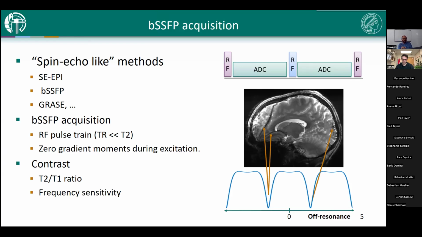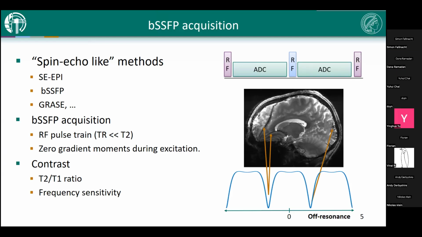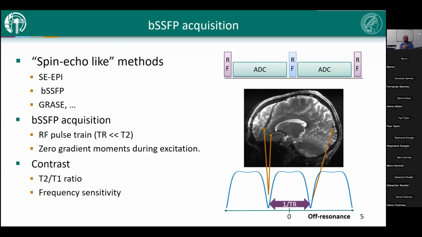The image intensity is sensitive to the frequency of resonance of your brain. This gives you low intensity regions at every periodic interval. This period is usually 1 over TR. So if you repeat your pulse much faster, then you have a more homogeneous region.